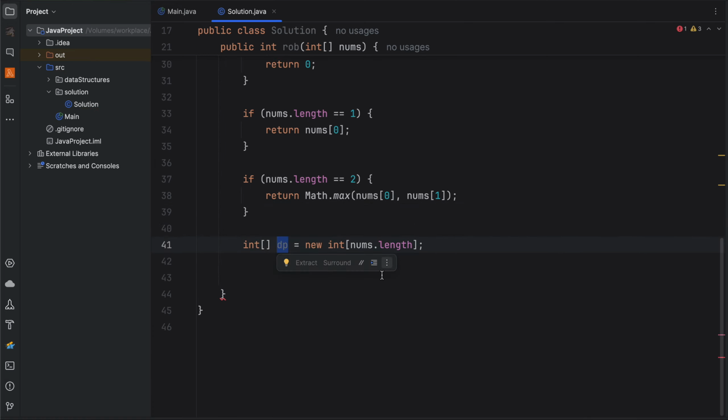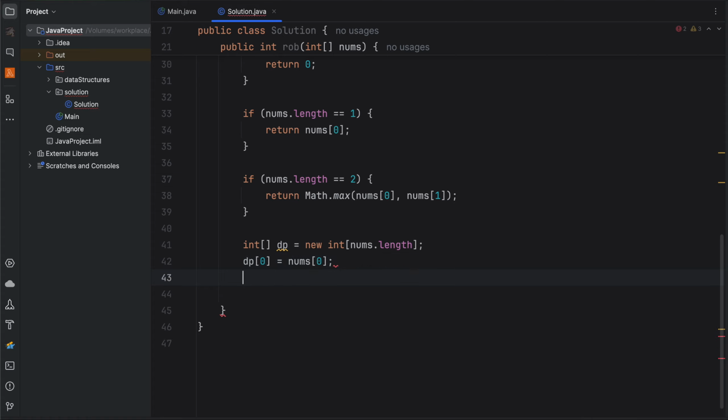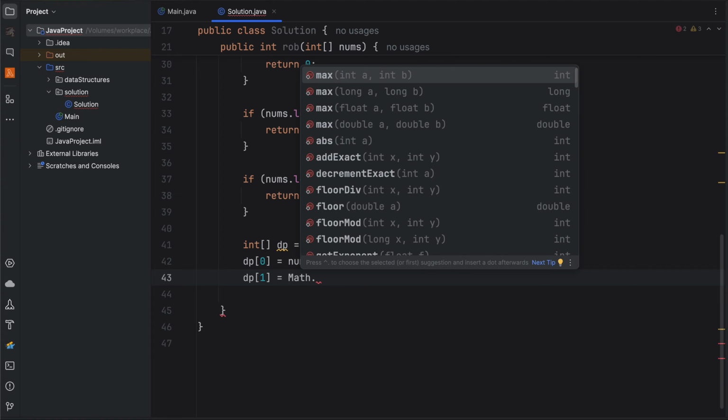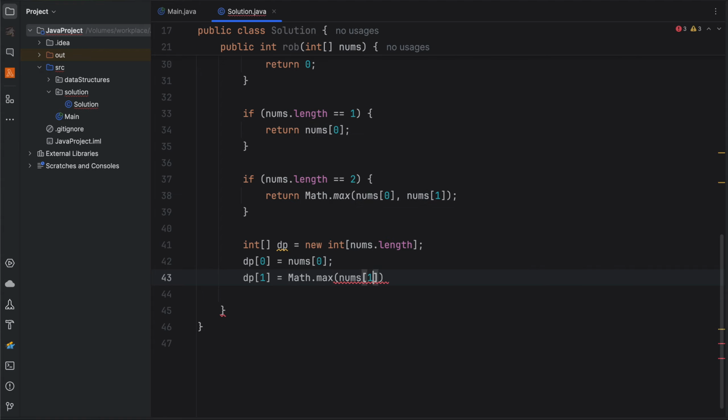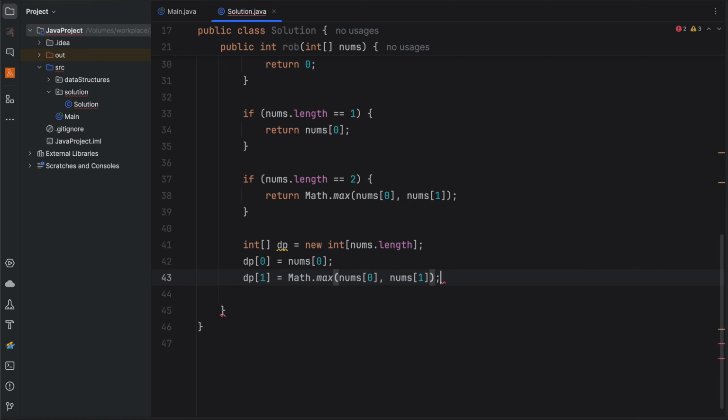So DP is a helper structure that will be used here, which has the length of n, and we can say the DP of 0 is nums of 0, DP of 1 is the maximum of the two, max of nums of 0, nums of 1.